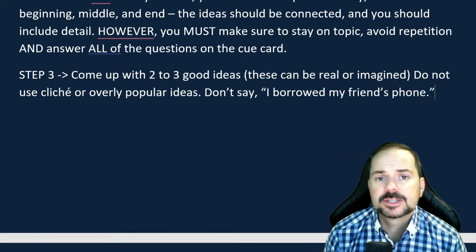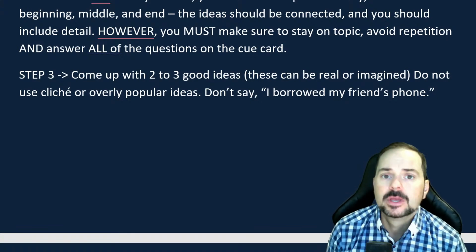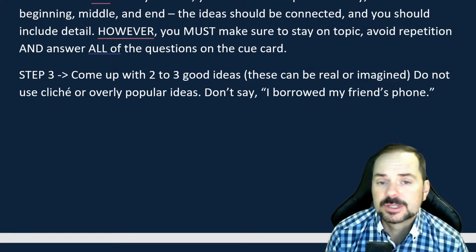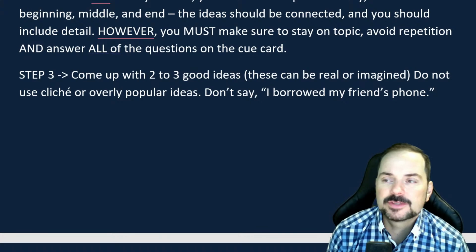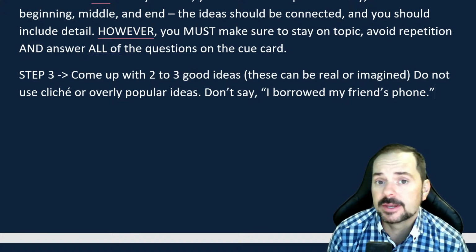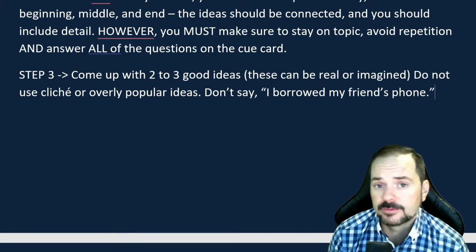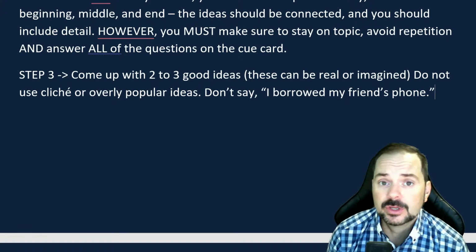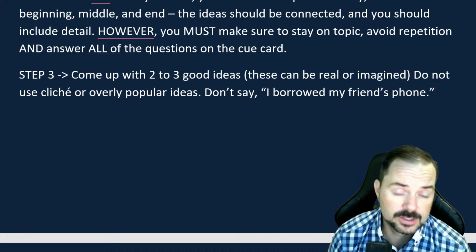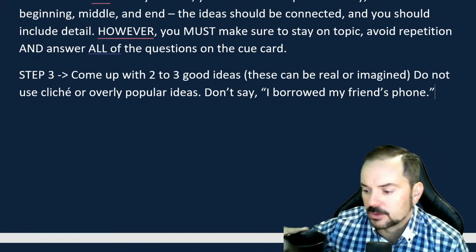Don't do that, because if you are the 100th person for the examiner to talk about borrowing a phone, then it's very hard for the examiner not to compare you to other candidates. Even if you do a good job, it's going to be hard not to compare you to other people who scored 8 or 9 talking about their phone.